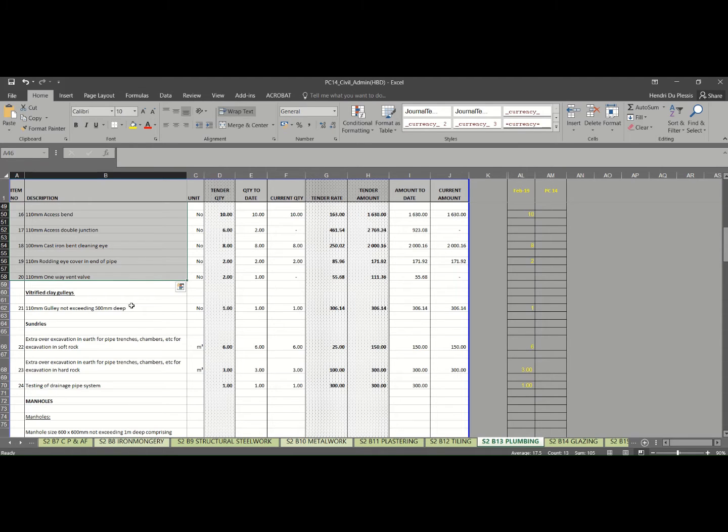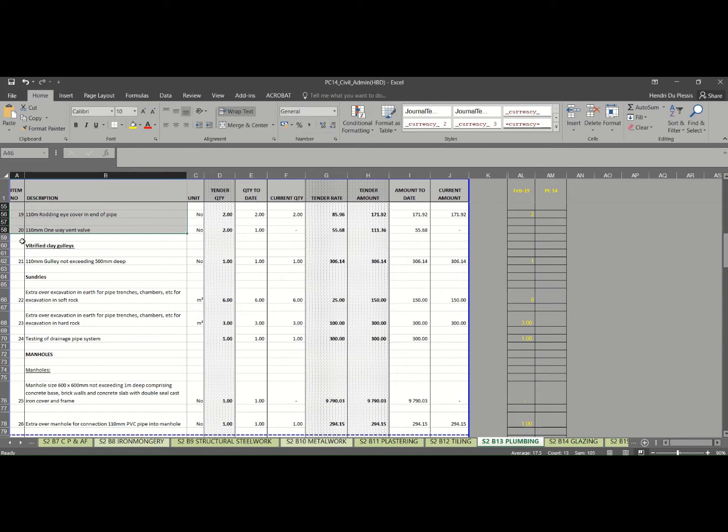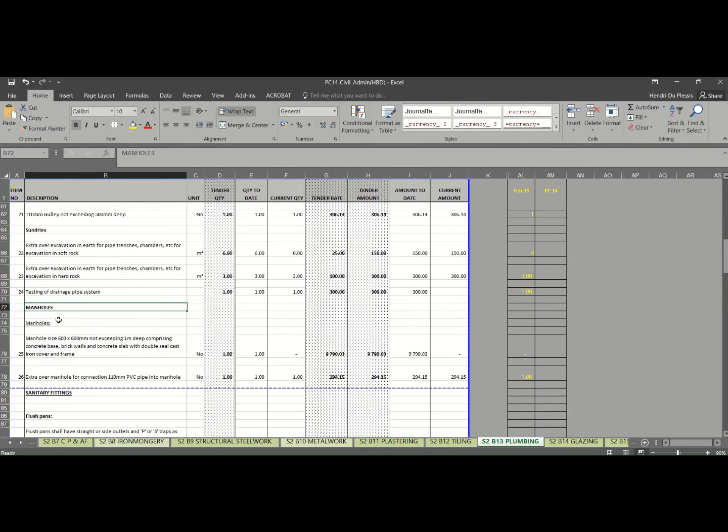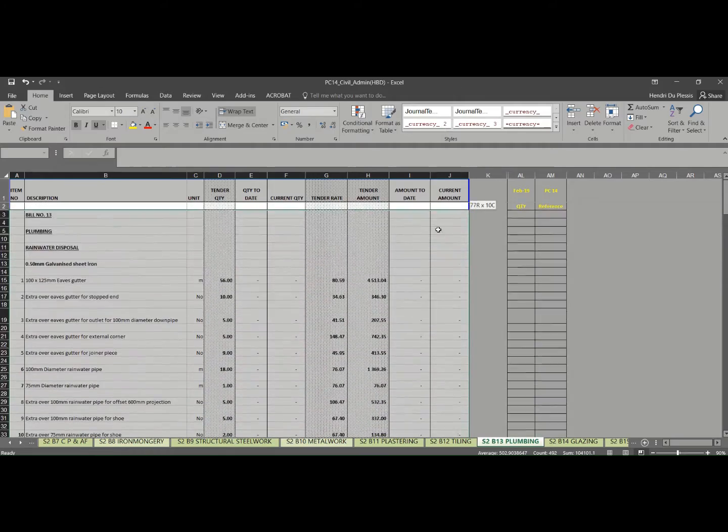So just make sure that you familiarize yourself with that. What we're going to do is take out the particular applicable sections. So you would see that we've got manholes and so forth, and then after that we start with our sanitary fittings. So everything up to here before sanitary fittings is basically our external works.